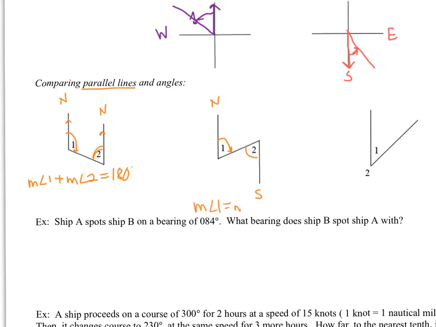And this will be helpful to us, again, as we create our triangles. And another scenario would be if you have just a plain compass bearing or bearing in one direction, angle 1, but then angle 2 goes all the way back around. Who can think of the comparison for these two? In this case, these two angles would add up to 360, and we would be able to determine our measures accordingly.